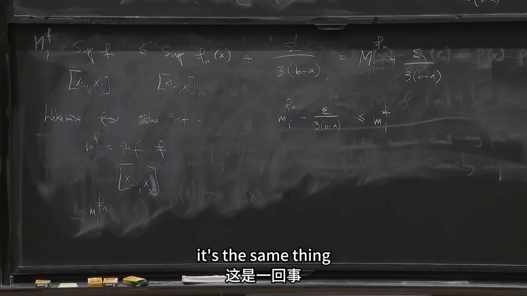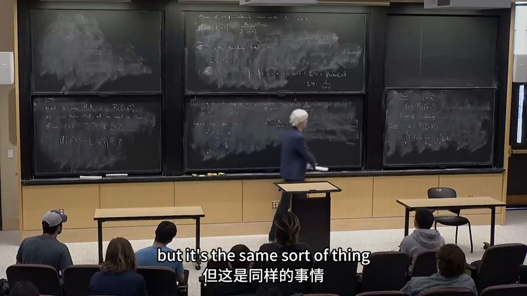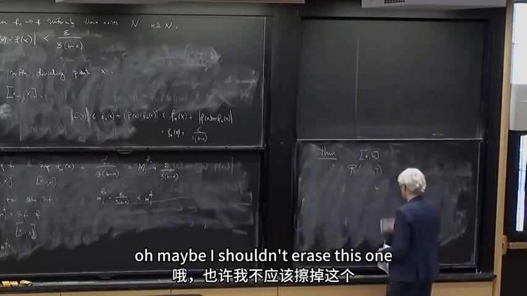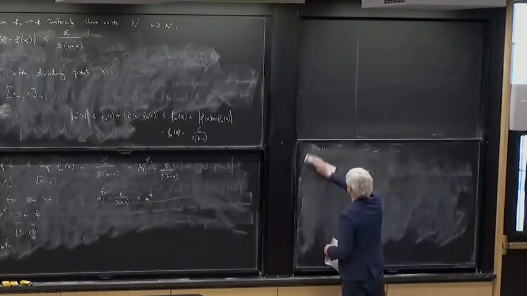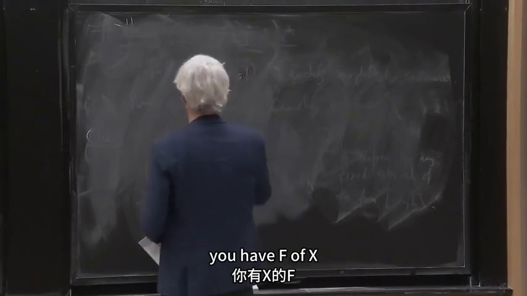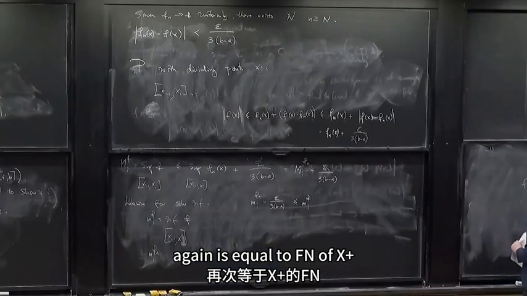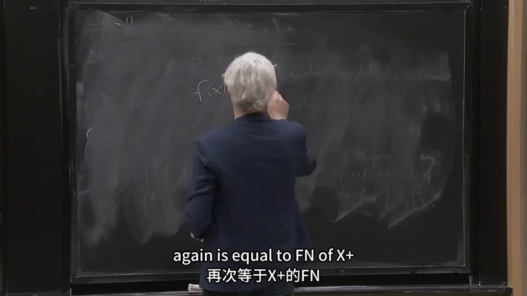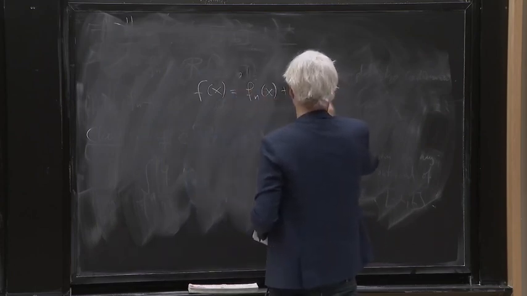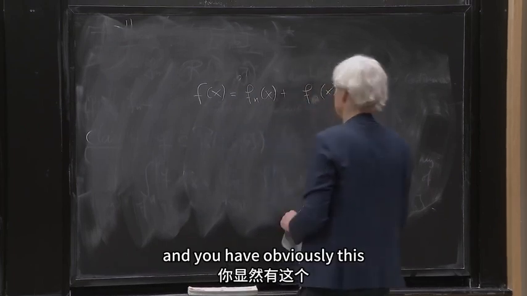It's the same sort of thing. You have f of x equal to fn of x plus f of x minus fn of x, obviously.